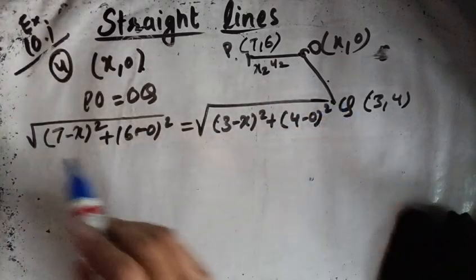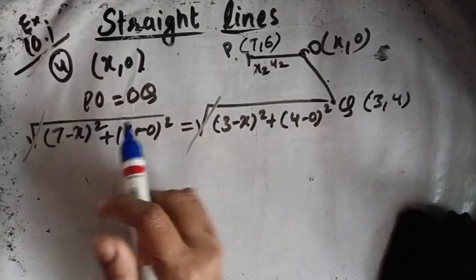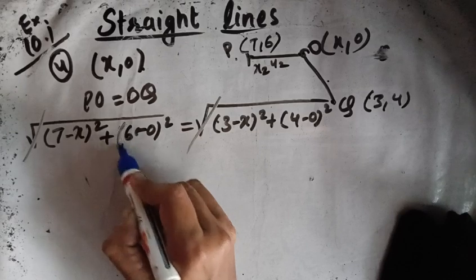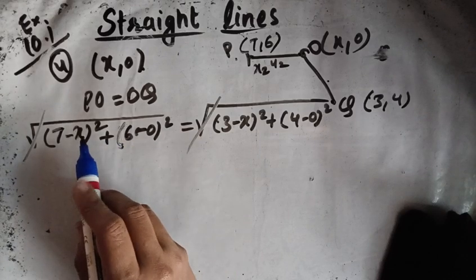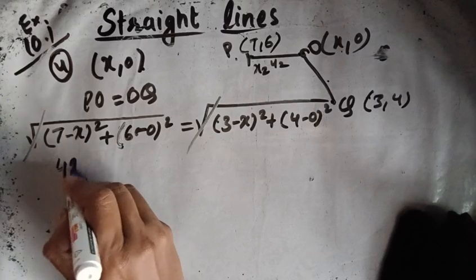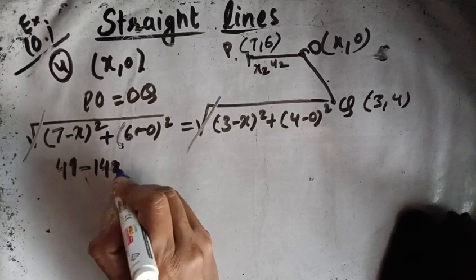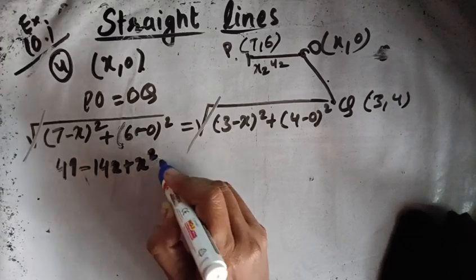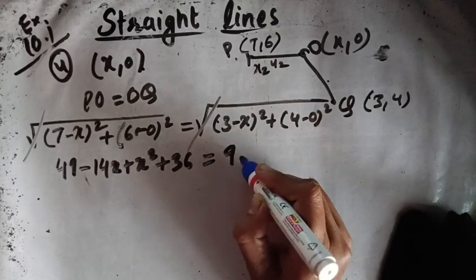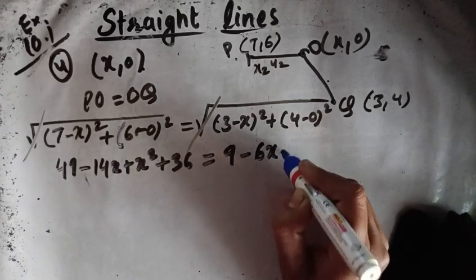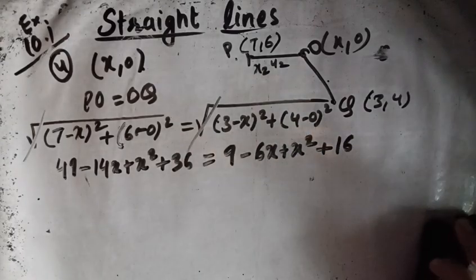Okay. Squaring both the sides, this root gets cancelled. I'll get here 7 minus x the whole square. This you have to square. So this is 49 minus 14x plus x square plus 36 equal to 9 minus 6x plus x square plus 16.